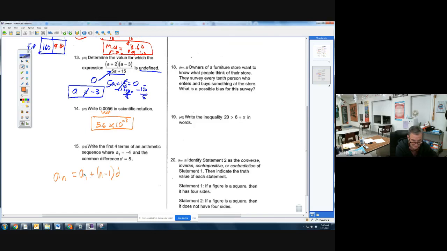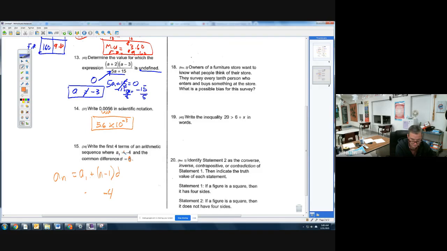This a sub 1 is the first term, and the common difference is 5, which really is just going to be pretty simple here. This tells you if I am looking for the first term, I already know the first term. Wow, I don't even know if we really needed this formula now that I think of it.